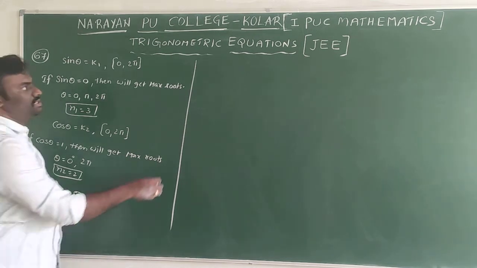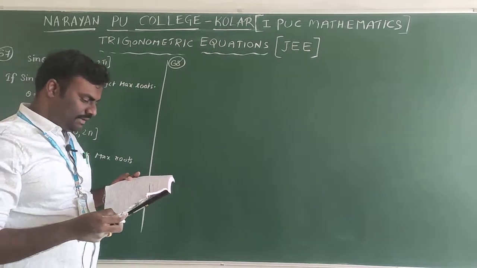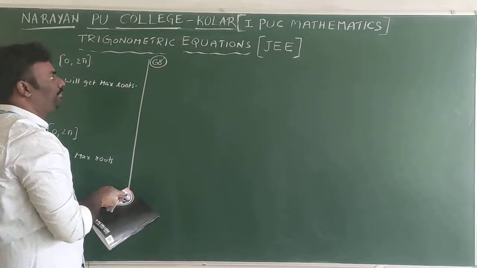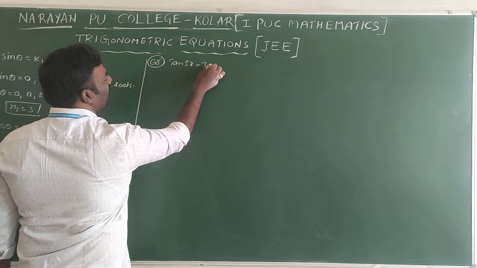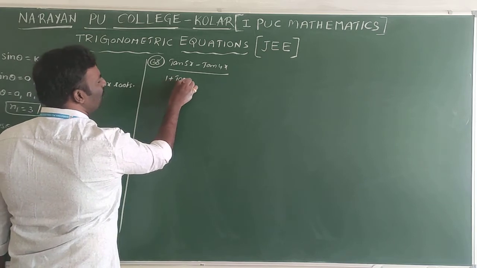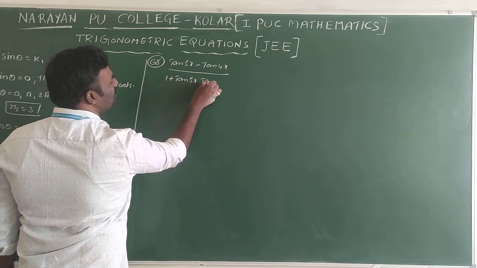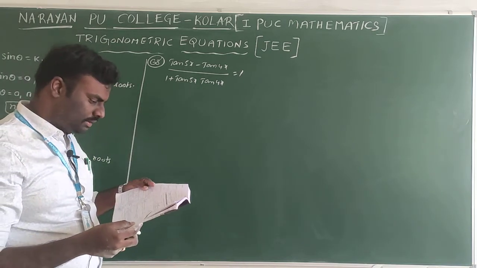Next, 68, a simple question. They have given the general solution of (tan 5x minus tan 4x) by (1 plus tan 5x tan 4x) is equal to 1. That's it.